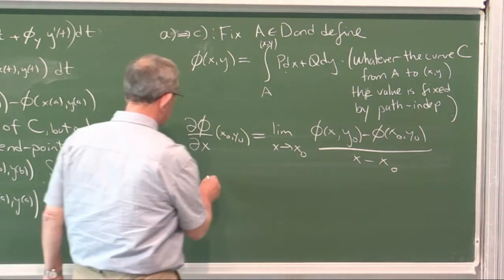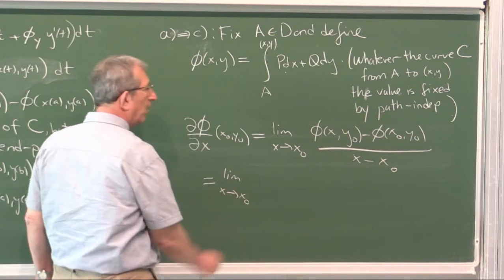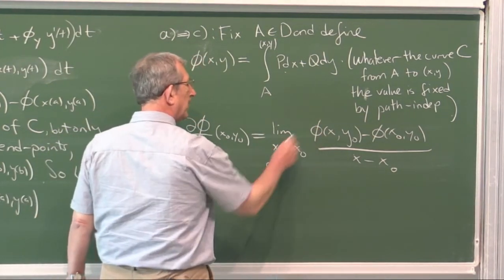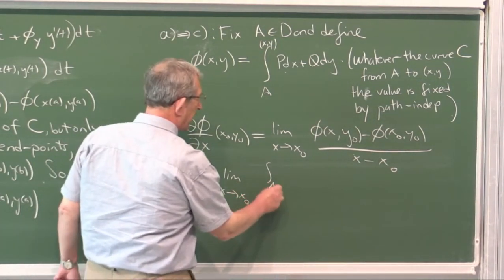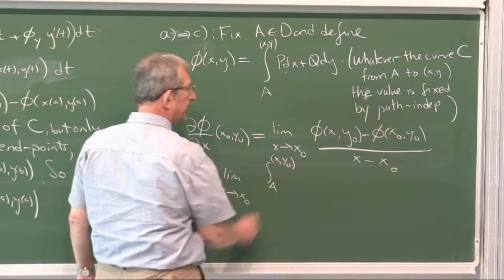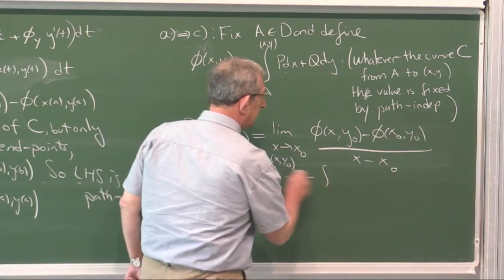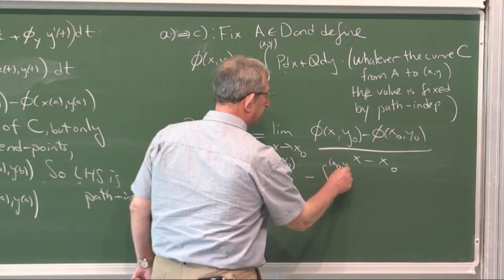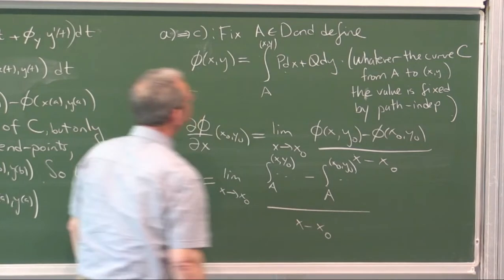Now, what are these? This is the limit as x goes to x0 of, okay, this is an integral itself, and by the very definition, it's starting from A, going up to the point (x, y0), minus the integral from A to (x0, y0), divided by x minus x0.